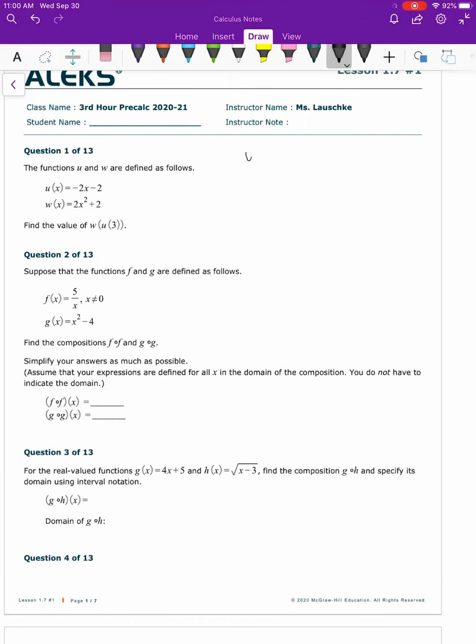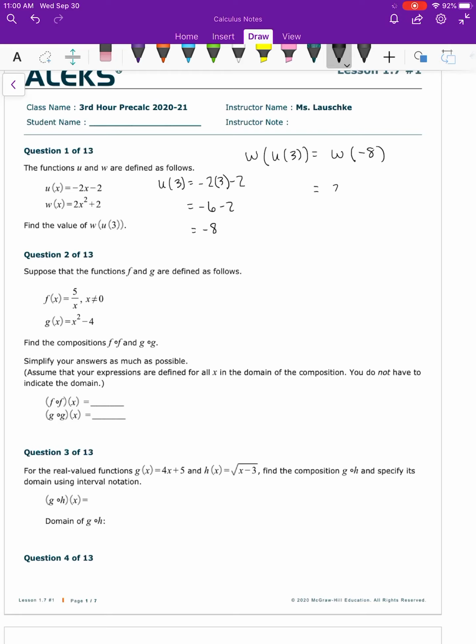So this question number 1, W of U of 3 is what they're asking us to calculate. So if I was going to calculate U of 3 over here to the side, negative 2 times 3 minus 2 is negative 6 minus 2 is negative 8. So this is actually W of negative 8.